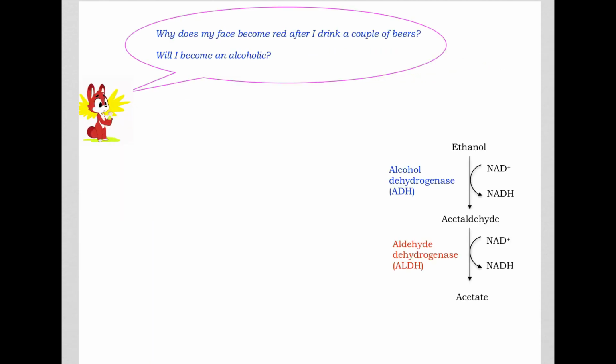To answer these questions, let's look at the metabolism of ethanol. There are several ways we can metabolize ethanol. The most important is the one shown here that happens in our liver. The ethanol that is absorbed into the bloodstream enters the liver, and in the liver there is an enzyme called alcohol dehydrogenase or ADH.